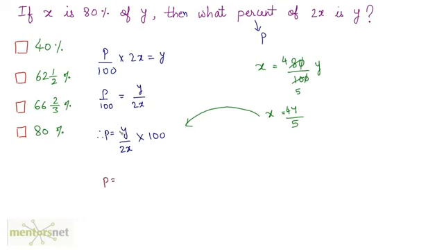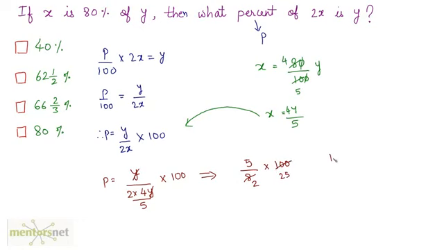So P is equals to Y upon 2X, we have 2 times 4Y by 5. This Y and this Y get cancelled out, and of course we have this 100 here. So this is equivalent to, Y gets cancelled out, this 5 comes up. So 5 by 4 times 2 is 8 times 100, and I can reduce this, 4 2s are 8 and 4 25s are 100.